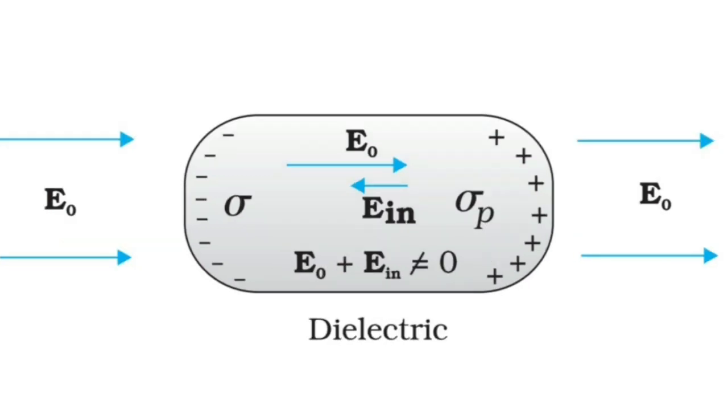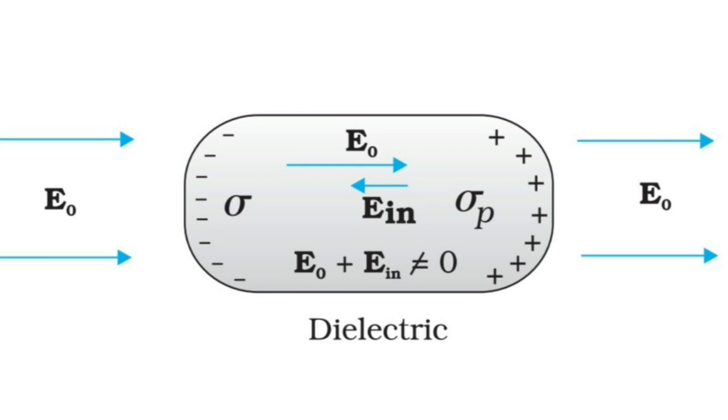Coming to the case of a dielectric kept in an external field. The diagram shows a dielectric kept in an external electric field. What happens? It's shown that there is an induced surface charge density on either side, negative charge on the left side and positive charge on the other side. But it's written E0 plus E in.